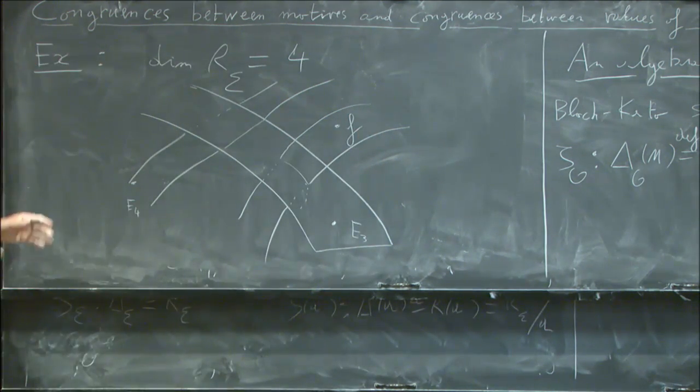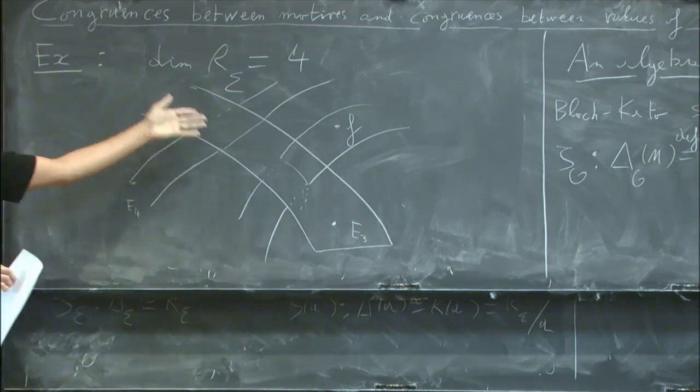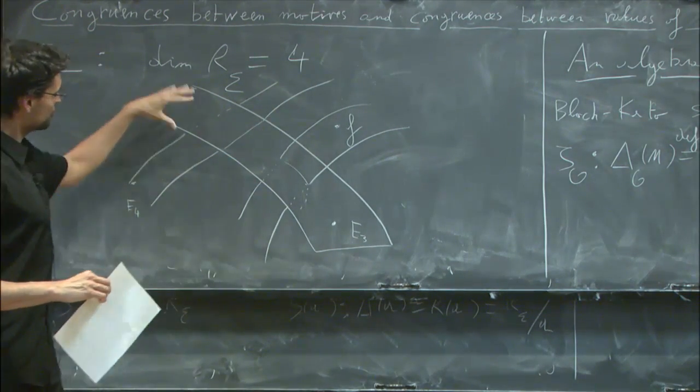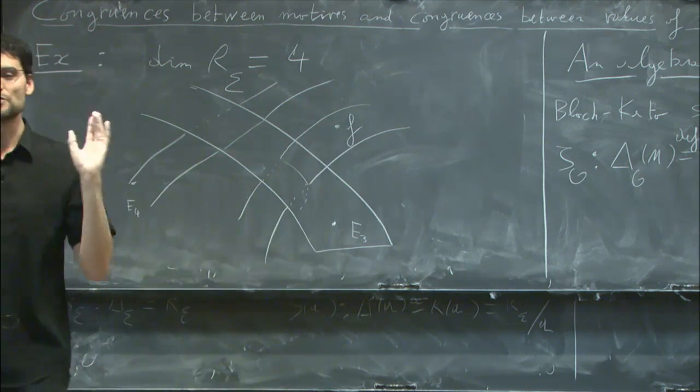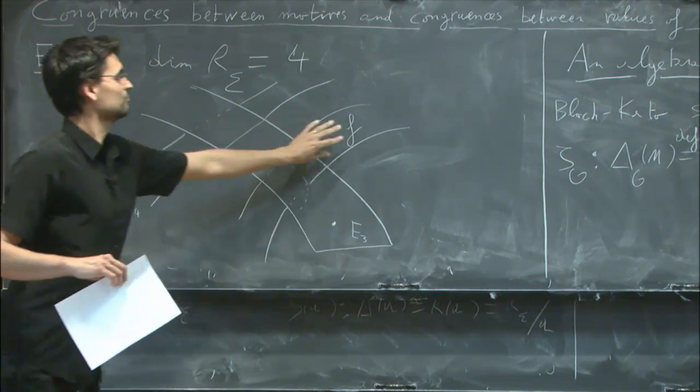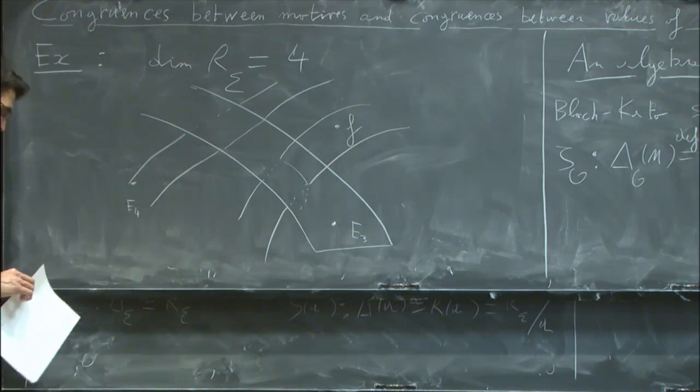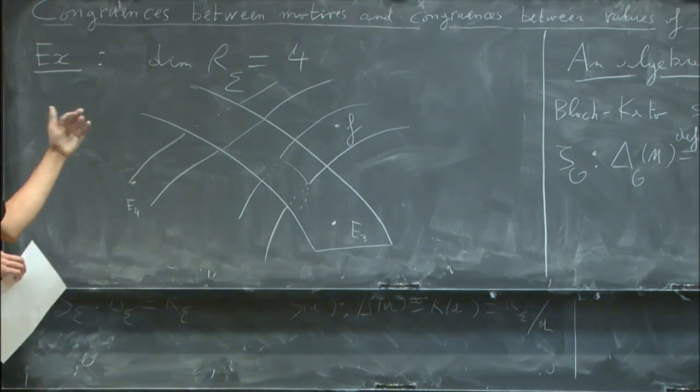I do know for sure that they are on different irreducible components. And I do know for sure that this one meets that one and this one meets that one, but I don't know if these two meet. That I don't know. This is E3, E4, and F.